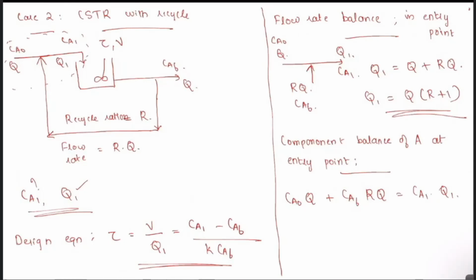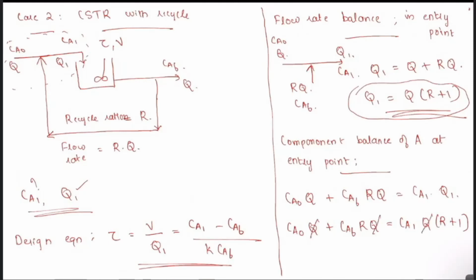So if we rearrange this a bit, we can write CA0Q plus CAF RQ will be equal to CA1, and we just found out the value for Q1. Q1 is Q into R plus 1. So just substitute it there. It will be Q into R plus 1. So from this equation, this Q will get cancelled from all these terms, and final will become CA0 plus CAF is equal to CA1 into R plus 1.